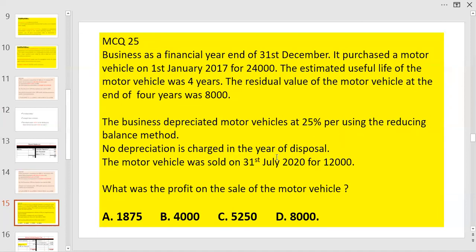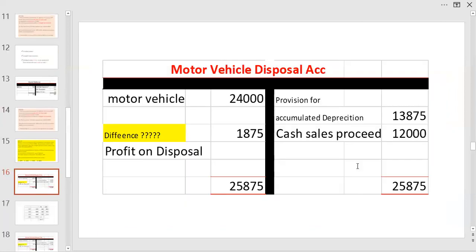No depreciation is charged in the year of disposal. The motor vehicle was sold on 31st December 2020 for 12,000. What was the profit on the sale of motor vehicle? 4 options are given. A disposal account is prepared where the cost is known, sale proceed is known, so we will have to calculate the accumulated depreciation.